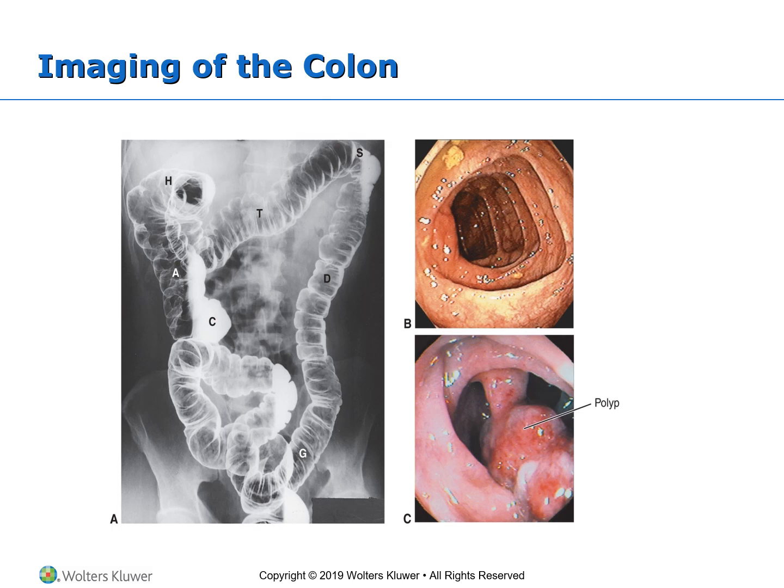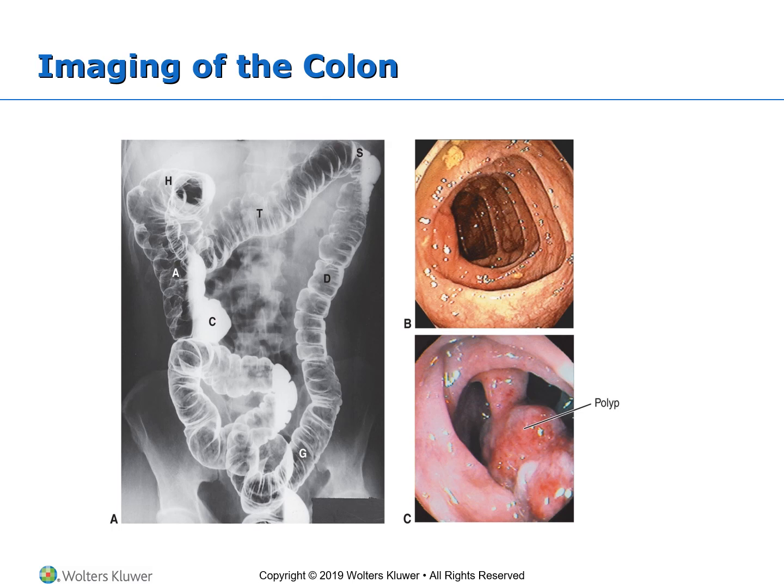A is the ascending colon, H is the hepatic flexure, T is the transverse colon, S is the splenic flexure, T is the descending colon, G is the sigmoid colon, and you can see how long and floppy it is, and somewhere in the back will be the rectum.